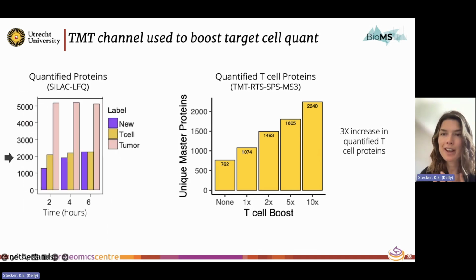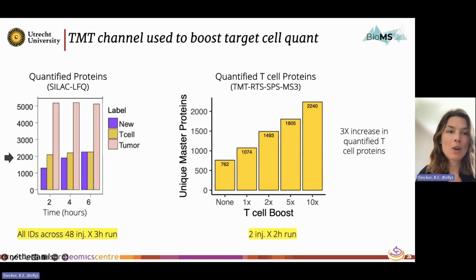So that was really exciting. And just to benchmark these values based on our previous Select LFQ approach that we did for our HiSeq method, across all of our injections, 48 injections at 3-hour runs, in total, we were able to quantify 2,000 T cell proteins.